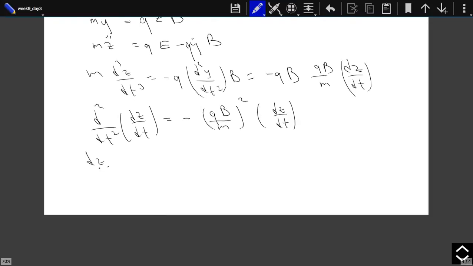So dz by dt should be equal to some coefficient, let me call it small a over omega, cosine omega t, plus small b over omega, minus sine omega t.